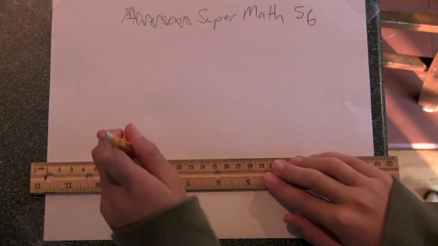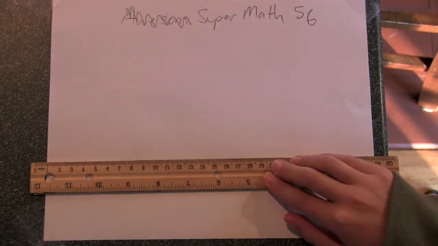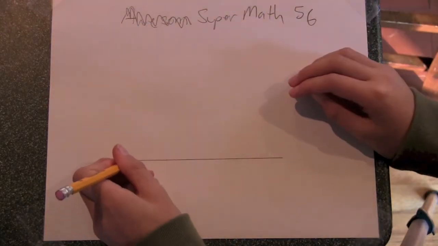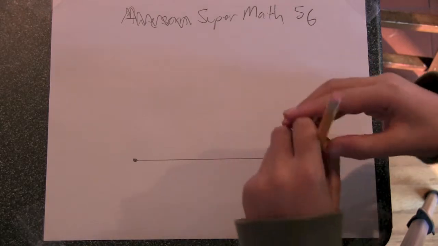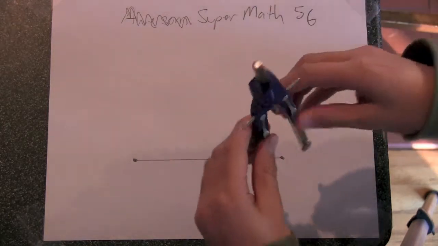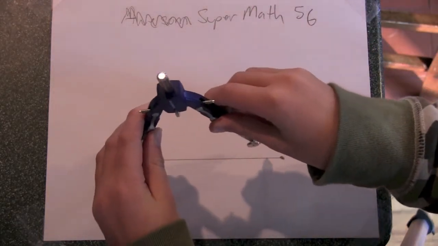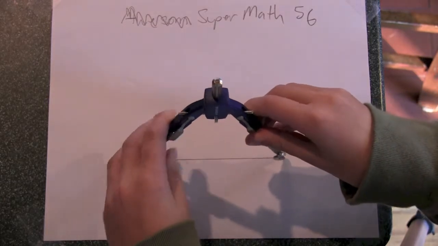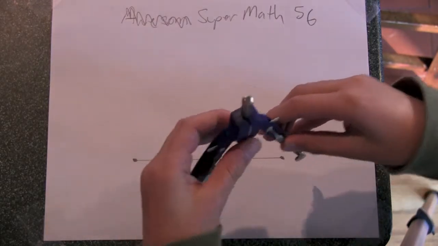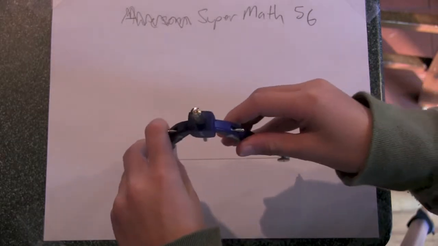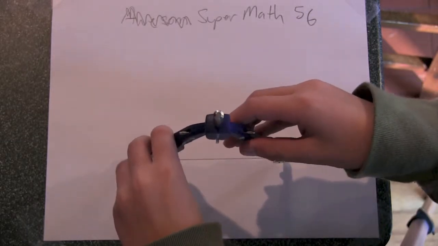Okay. So I'm just going to draw a random line. Then I hope I don't run off the paper. Yeah, I think that line might be a little too long, but that's alright. We'll make do.